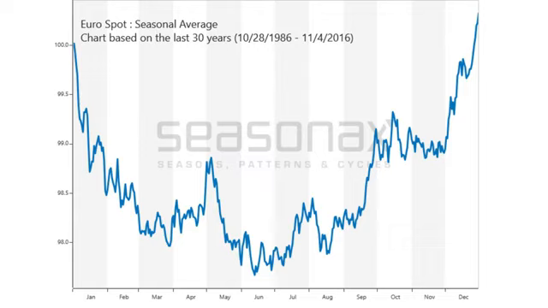It means that this seasonality chart is showing you the summary of what Euro USD has done on average each year throughout each month over the last 30 years, and it has collected that data and summarized it into this single chart, right?